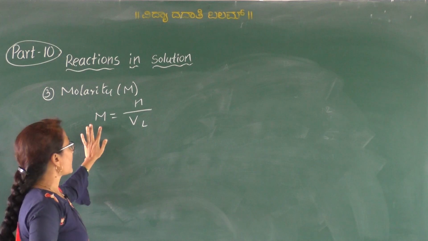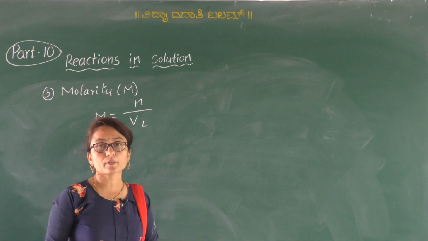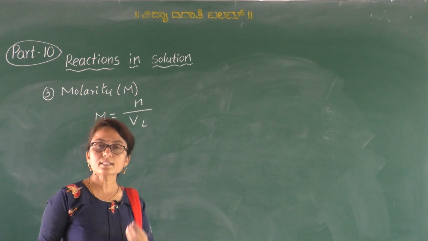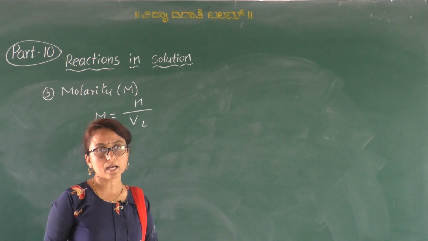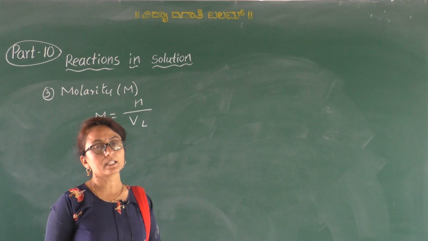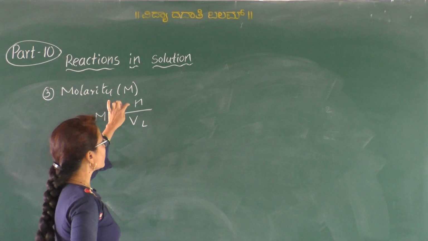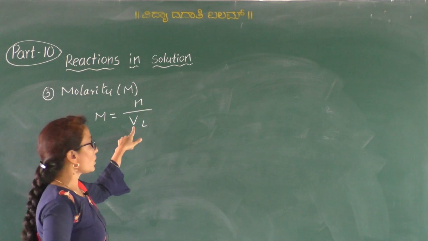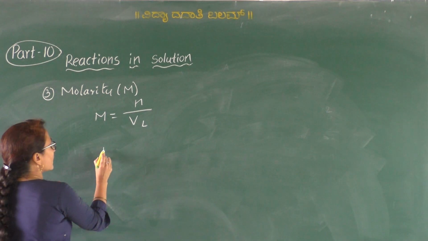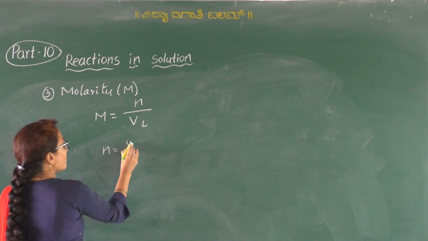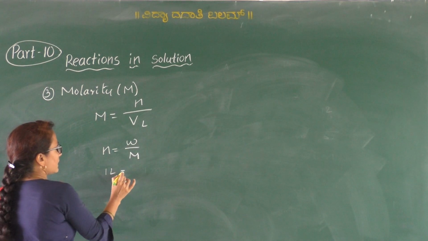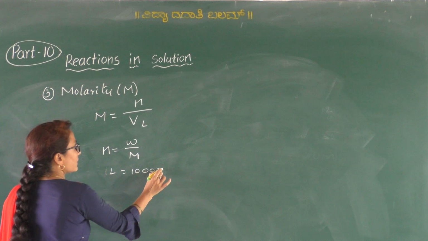But many times we are not using the number of moles. Now, when we have to prepare a solution in the lab, we take masses, and that mass is in grams. The volume is also a smaller volume, so we use milliliters. Therefore the number of moles is converted into mass and volume in liter is converted into milliliter. We know that the number of moles is equal to mass divided by molar mass, and 1 liter is equal to 1000 milliliter.